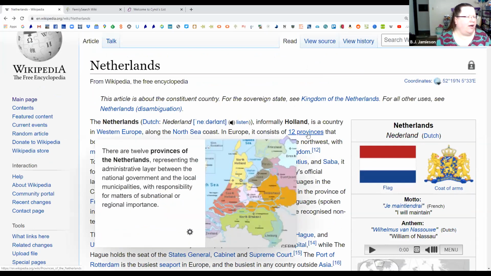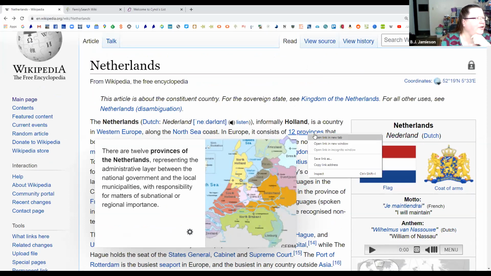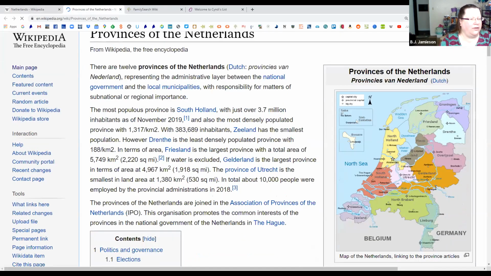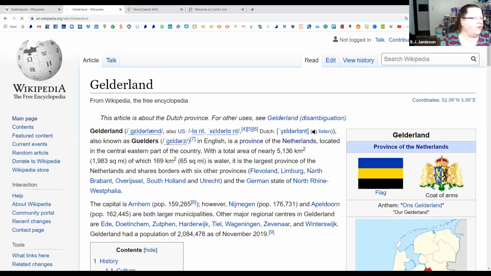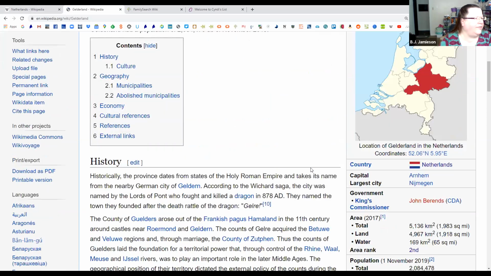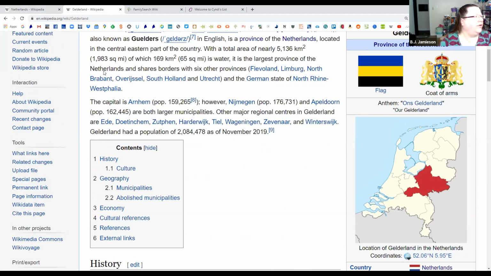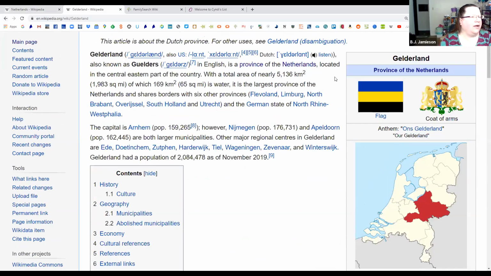And if you click on that, or if you hover the cursor over it, it actually gives you, I'll open a new window so we can see, here's a map of the provinces. Let's go back.